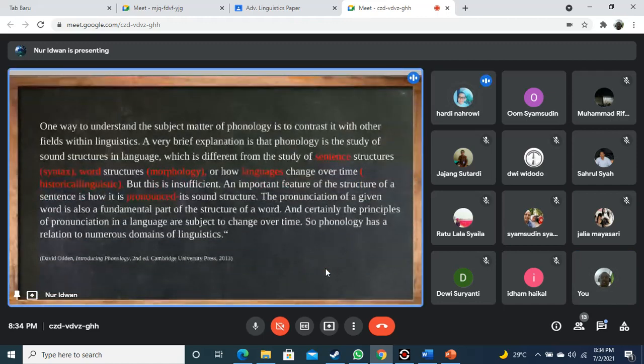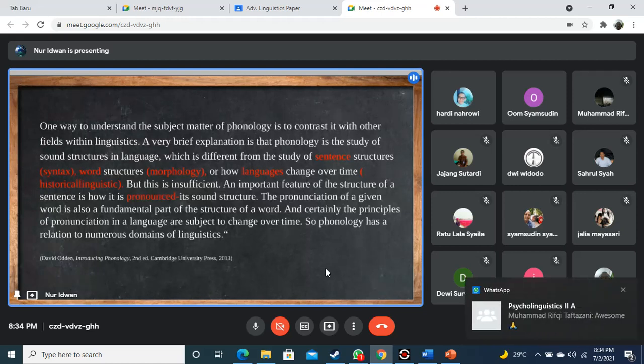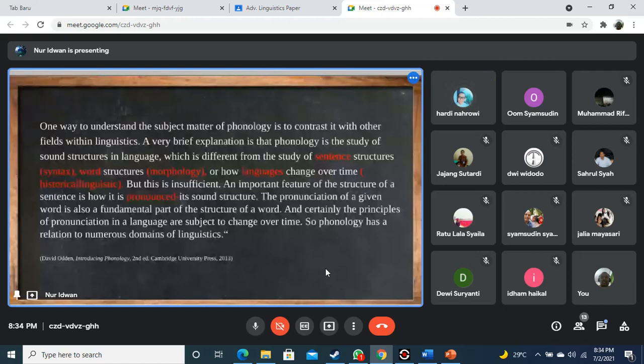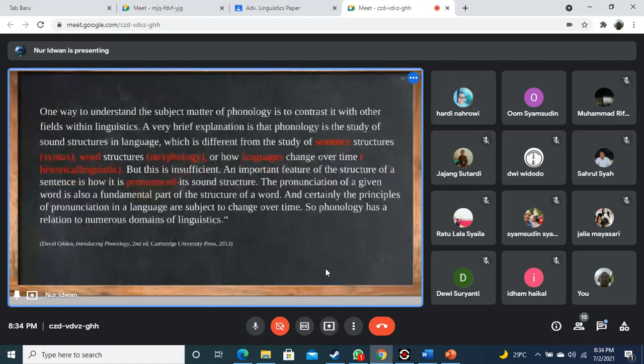Okay, one way to understand the subject matter of phonology is to contrast it with other fields within linguistics. A very brief explanation is that phonology is the study of sound structure in language, which is different from the study of sentence structure, syntax, word structure, morphology, or how language changes over time, historical linguistics.